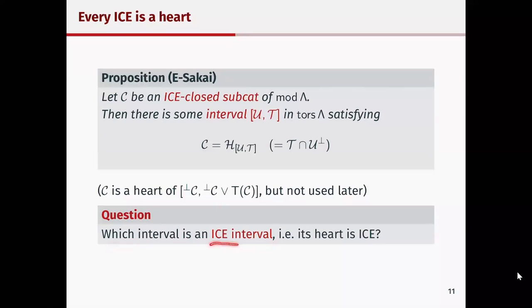An ICE interval means that its heart is ICE closed. Since every ICE closed subcategory is the heart of some interval, if we can answer this question, then we can obtain all ICE closed subcategories as hearts of such intervals. So I will give a characterization of ICE intervals in the next slide.